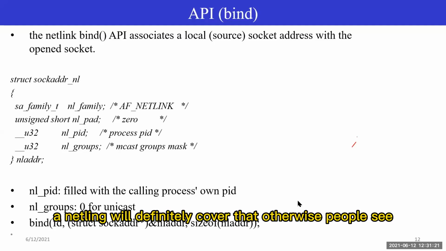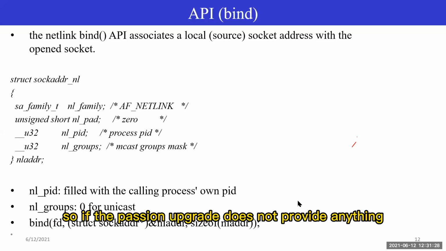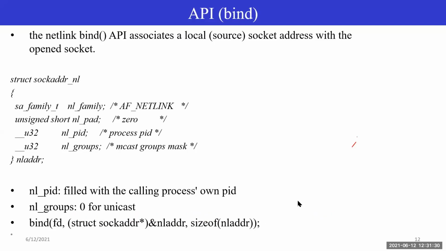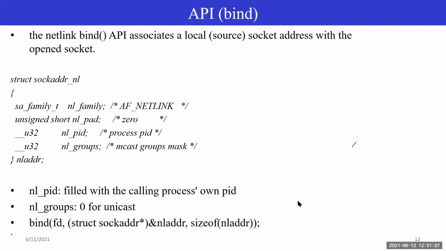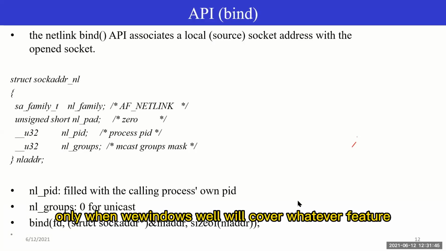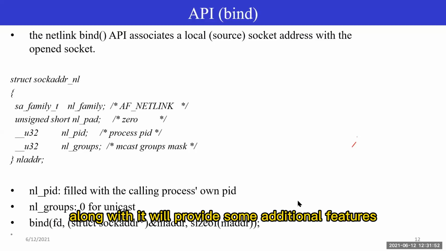Otherwise, people would not accept it. It is a kind of version upgrade in the IPC. If the version upgrade does not provide anything more, and it should cover the basic part that IOCTL already covered, people will not accept this. You will move from Windows 10 to Windows 12 only when Windows 12 covers whatever features you have in Windows 10, along with some additional features.